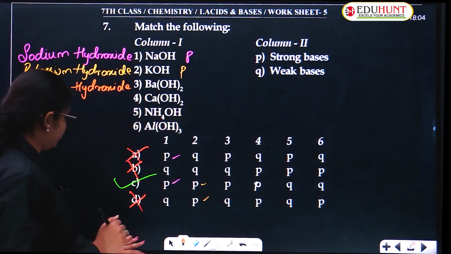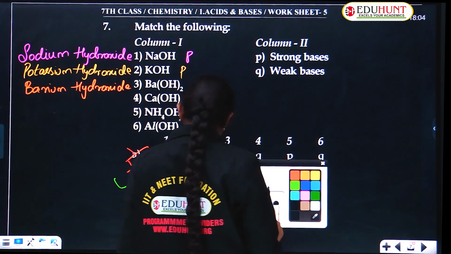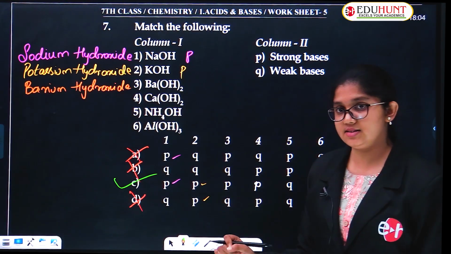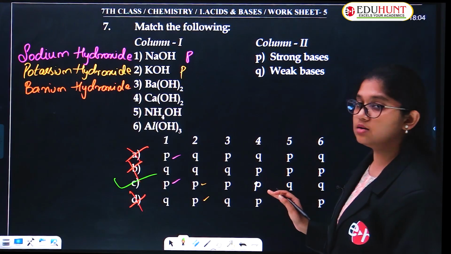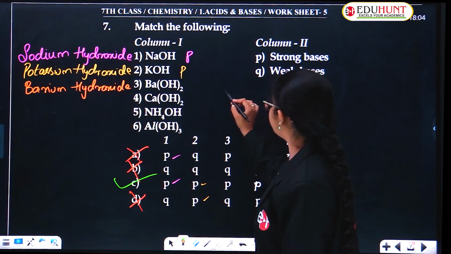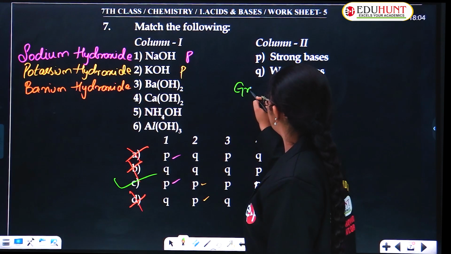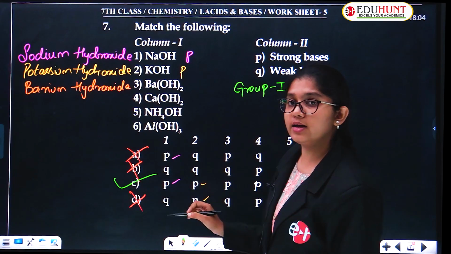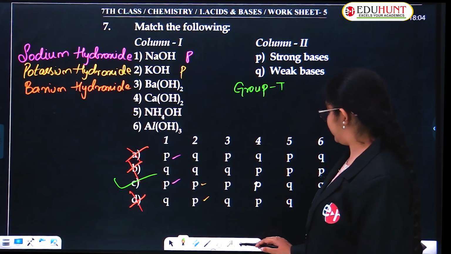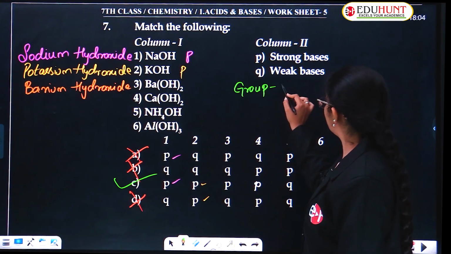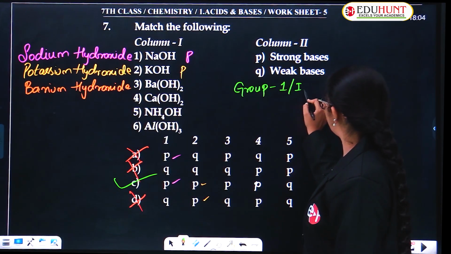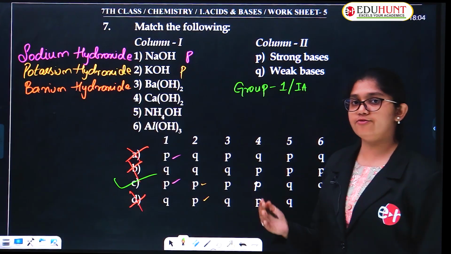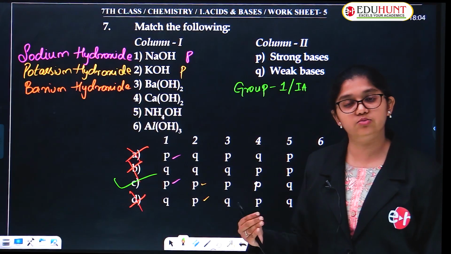Here I have to tell you a concept, children. The concept behind it is the strength of bases. In that condition, we write group 1. What is group 1? In the periodic table, group 1 or Roman number 1A are the metals lithium, sodium, potassium, rubidium, cesium, francium.